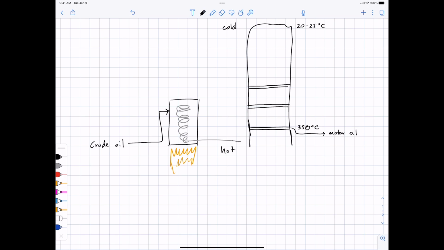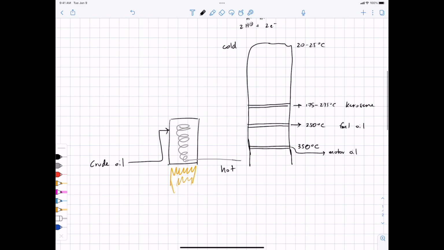Then another higher plate maybe is at 250 Celsius, this is like fuel oil, maybe diesel, not sure. If you've heard of kerosene, that's the stuff that condenses in the range of 175 to 275 Celsius. Again, that's going to be a mixture of hydrocarbons that all condense at that temperature.